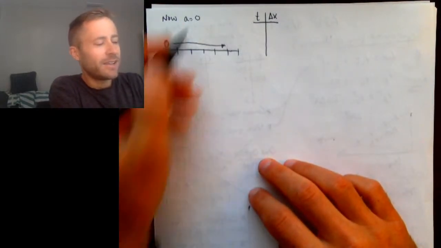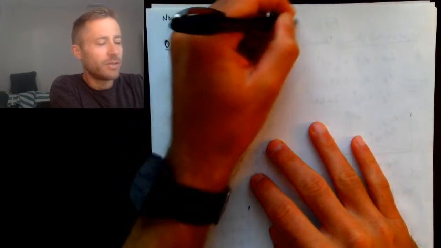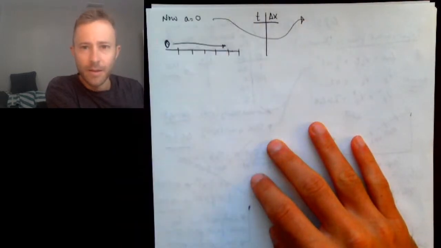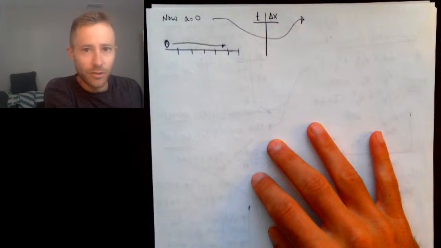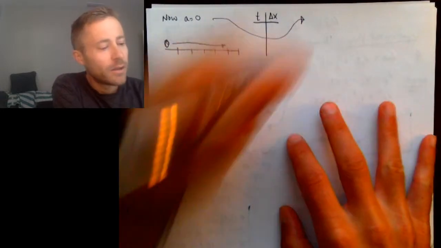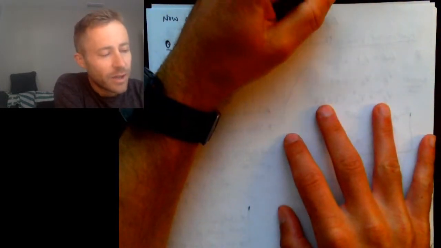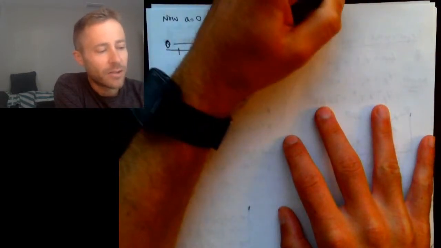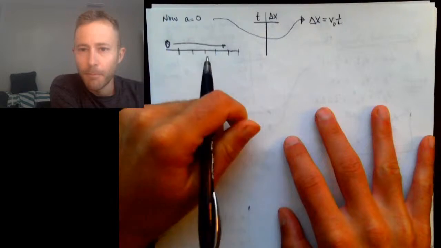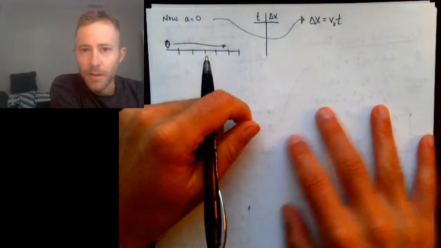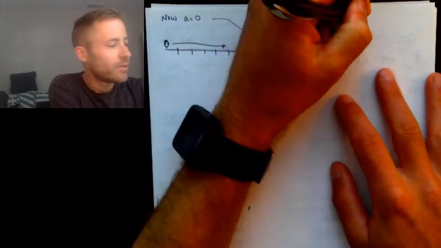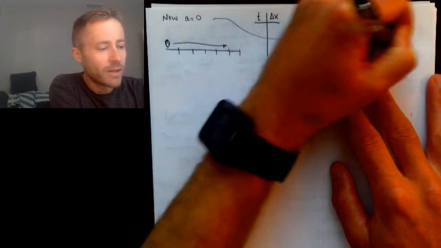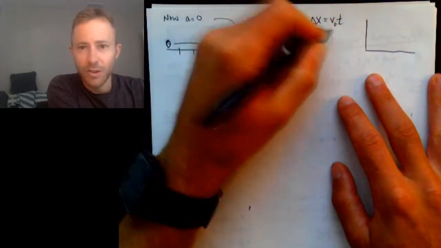In that case, the equation that this data is going to obey is now delta x equals v naught times time. So in this case, the data is already linear.